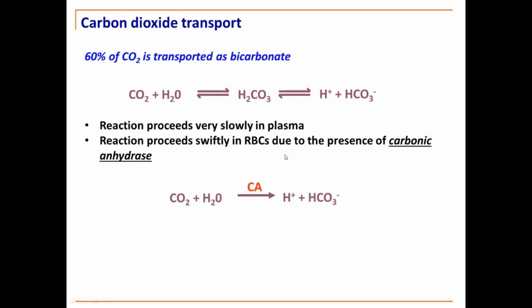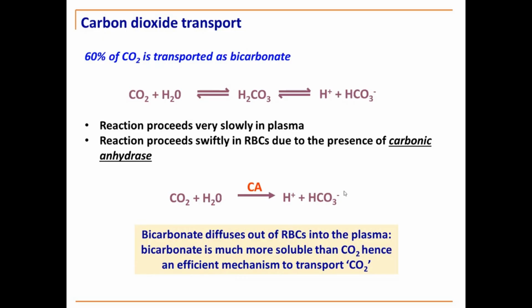So the reaction proceeds very slowly in the plasma, and it's very rapid in your red blood cells because of this enzyme, carbonic anhydrase. So really what you're seeing there is CO2 and water reacting to form protons and bicarbonate very, very quickly. And the carbonic anhydrase speeds up the reaction about 5,000-fold or so.